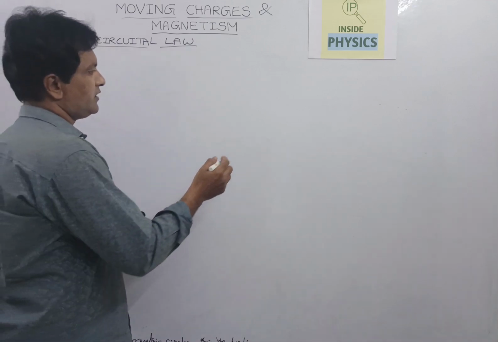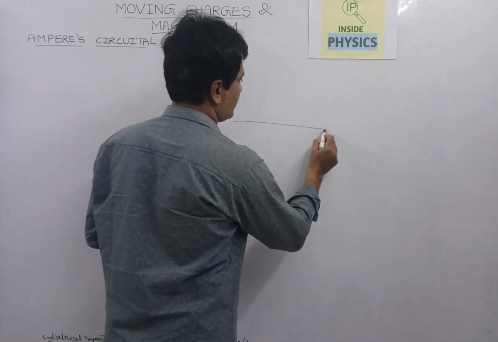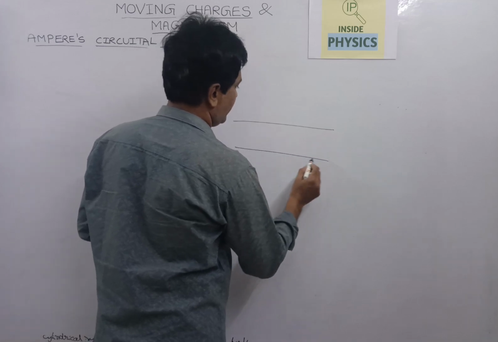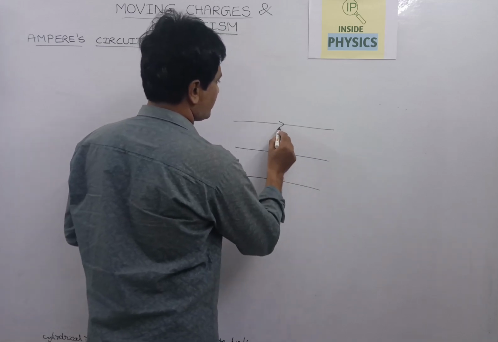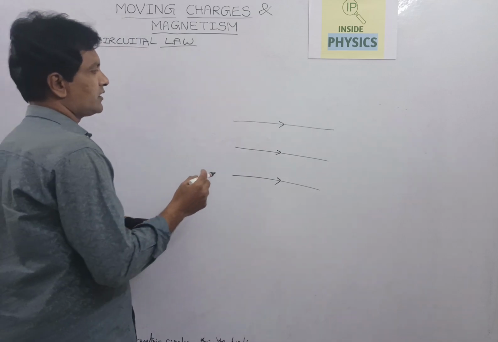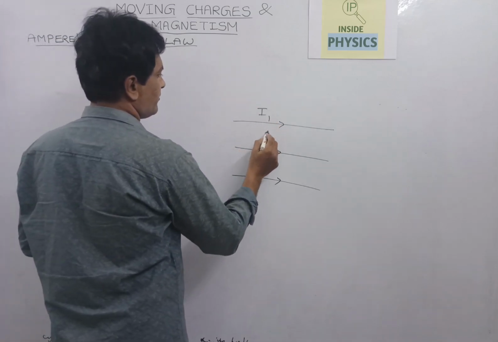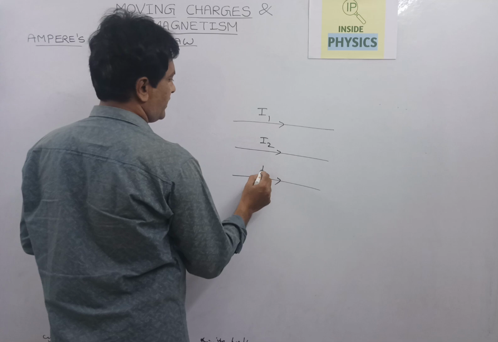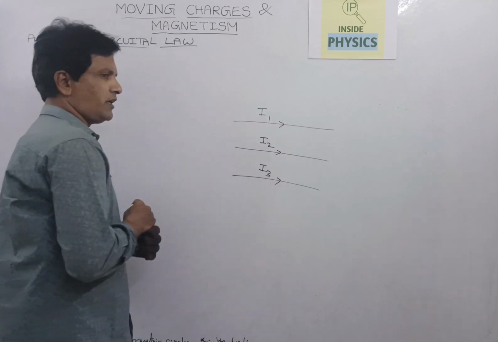See, if we consider a current flowing across an area of cross section like this, the currents flowing from left to right we consider as I1, I2, I3.